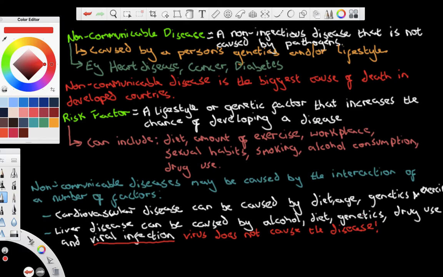The final one we can write down is that type 2 diabetes, change that to white, otherwise my OCD will kick in. So, type 2 diabetes, which we'll talk about in year 11, is caused by or can be caused by poor diet.